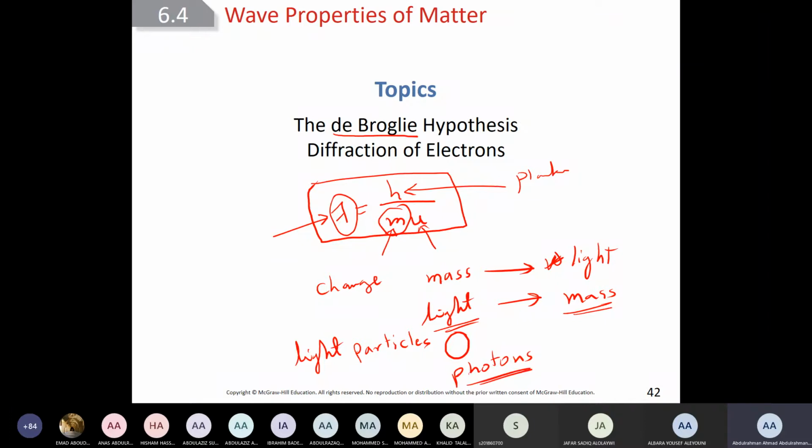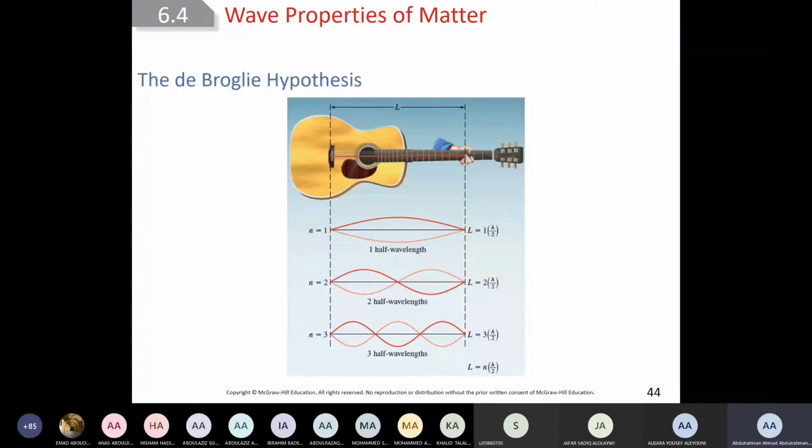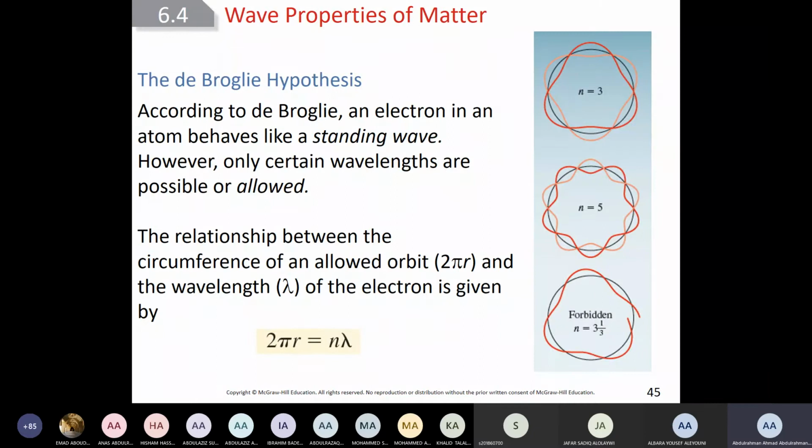Photons, very good. We also have another equation, which you don't have to memorize because it's very easy. It's 2 pi r equals n lambda. What's 2 pi r? Circumference of circle. محيط.